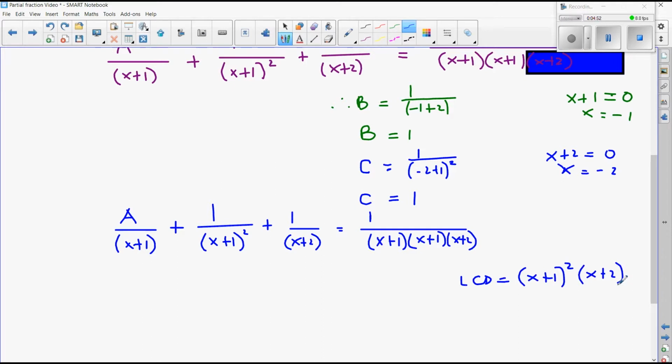And I'm going to now simplify this. That means I'm going to multiply each numerator by the missing factor of the denominator. My denominator in my first fraction is x plus 1, so a must be multiplied by x plus 1 times x plus 2. My second fraction must be multiplied by x plus 2, and my third fraction must be multiplied by x plus 1 squared, and this will equal 1.